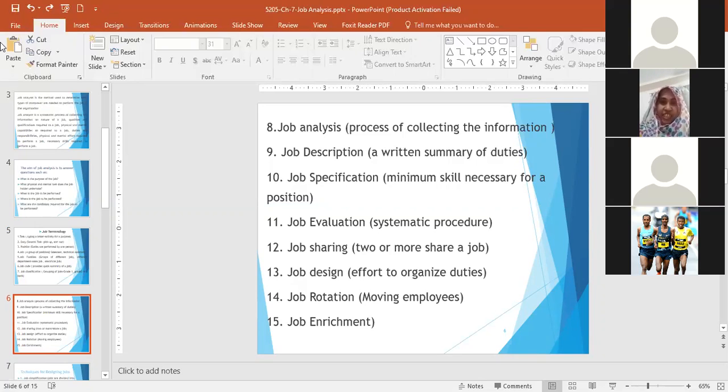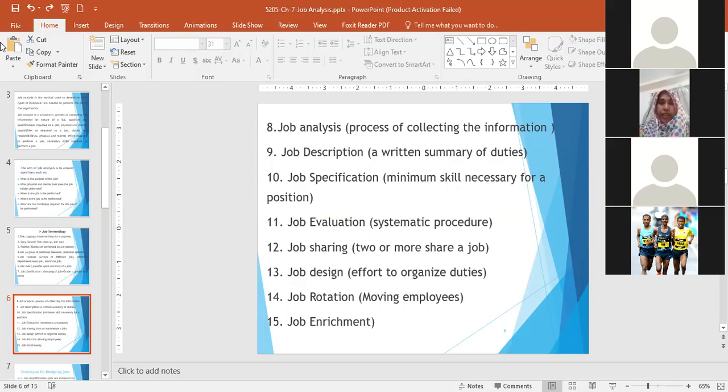You get these things serially: job analysis and then job description, for this post what you have to do. So job description is a written summary of duties.